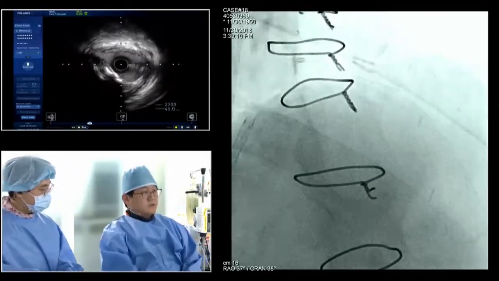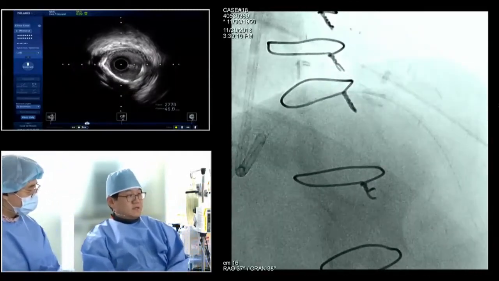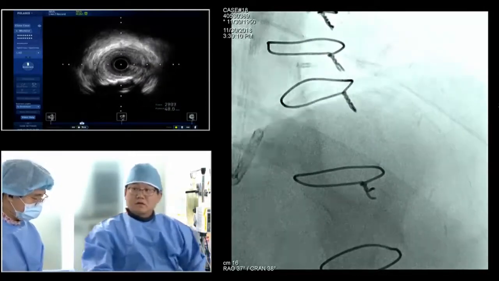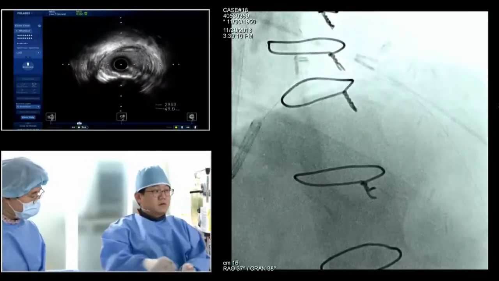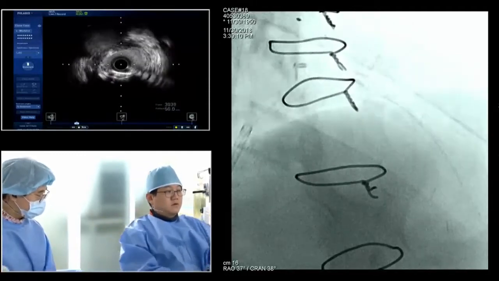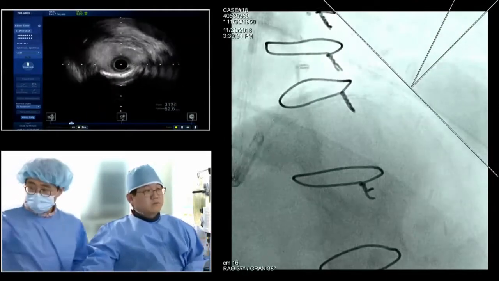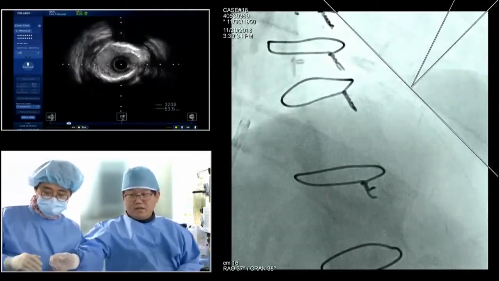What's then? Osiris stent. Size, right? Please. 4.0 by 35? Yeah.